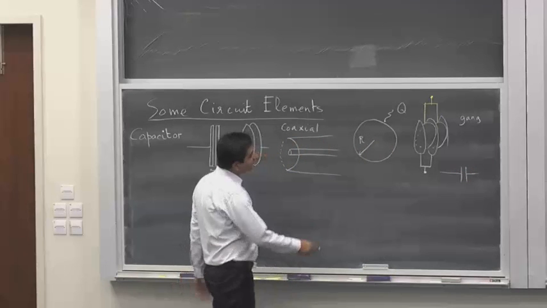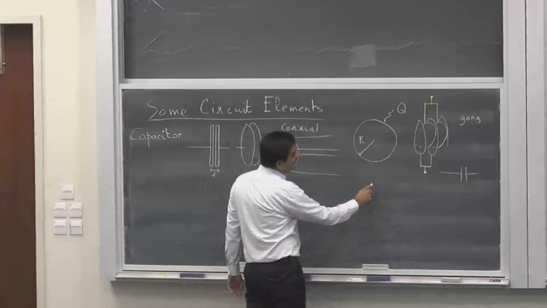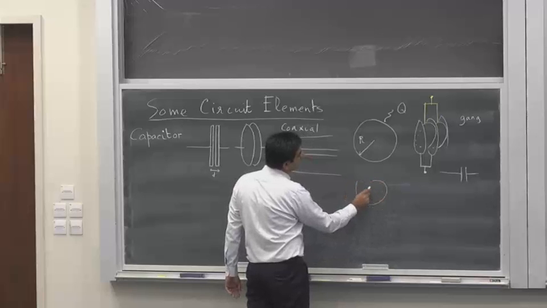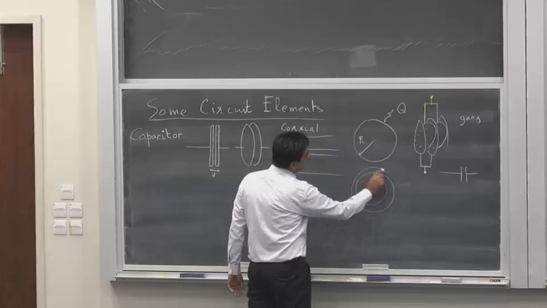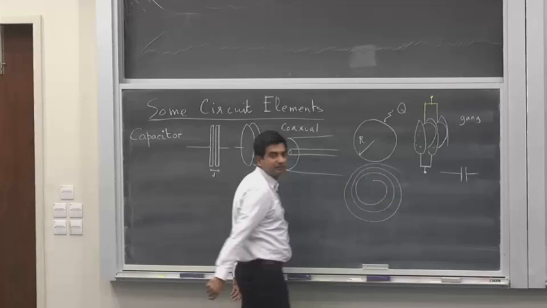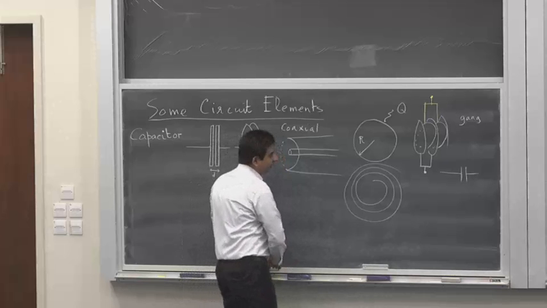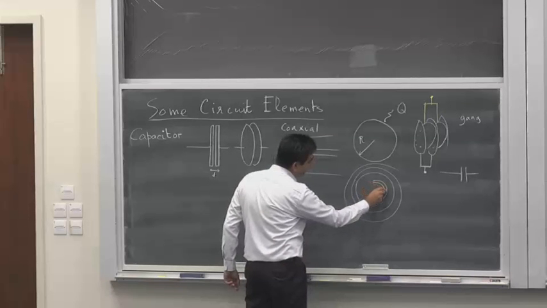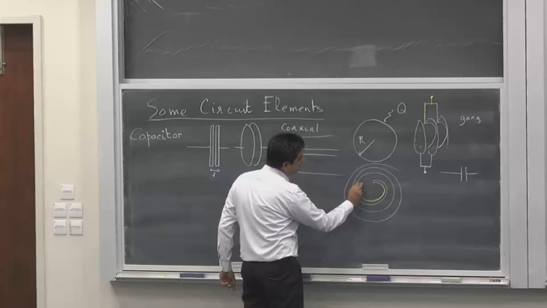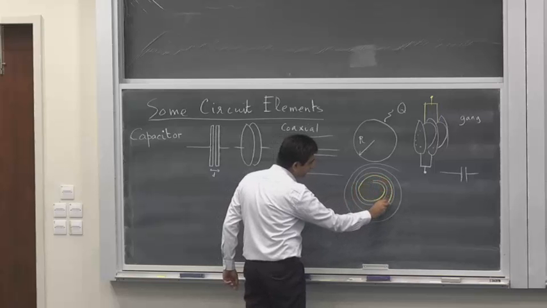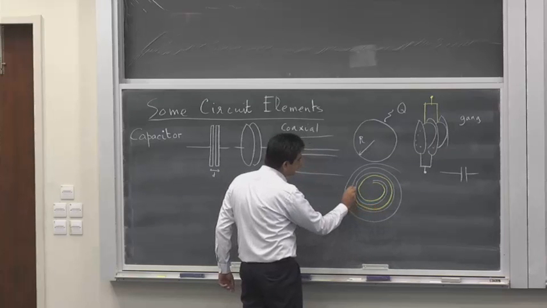We can also have a Swiss roll kind of capacitor in which a metal foil goes around in a circular fashion, and the other metal foil just surrounds this foil and is concentric with the first conductor, and each of these conductors is curled.